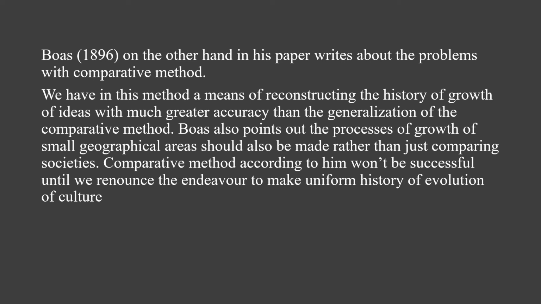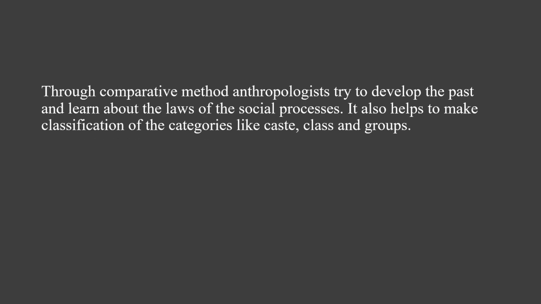The comparative method, according to him, won't be successful until we renounce the endeavor to make a uniform history of the evolution of culture. Through the comparative method, anthropologists try to develop the past and learn about the laws of the social processes. It also helps to make classification of categories like caste, class, and groups.